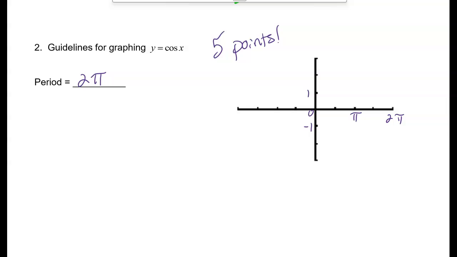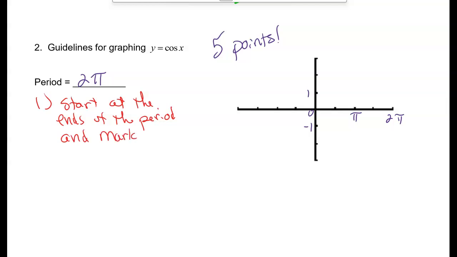Okay, just like before, start at the ends of the period, and mark at 1. So again, the period is 2 pi, so we mark it at 1. So we're at 1, and we're at 1.